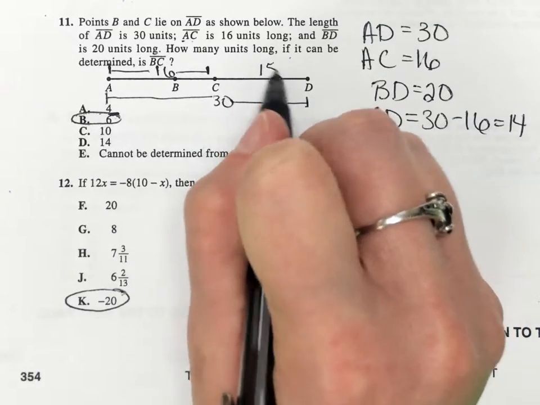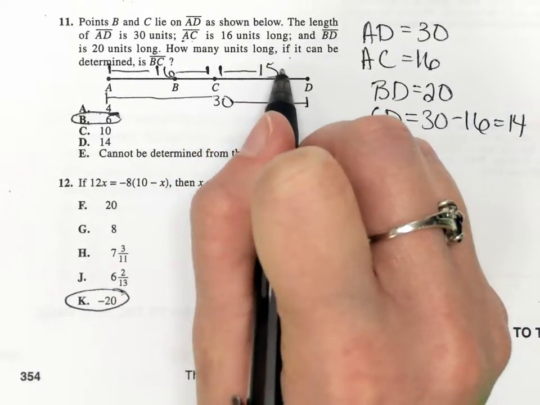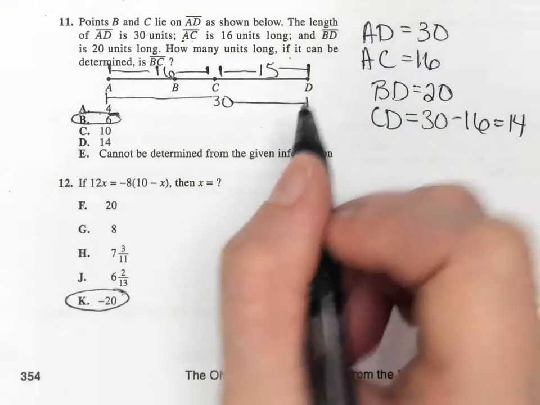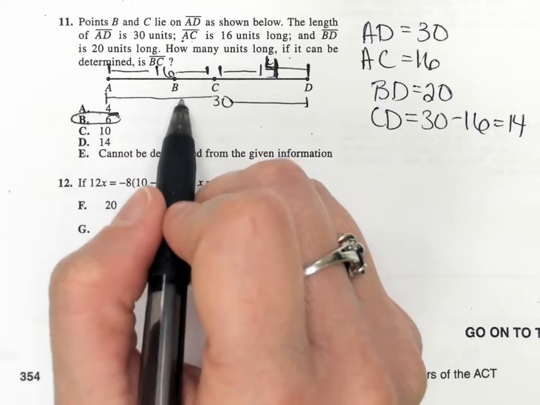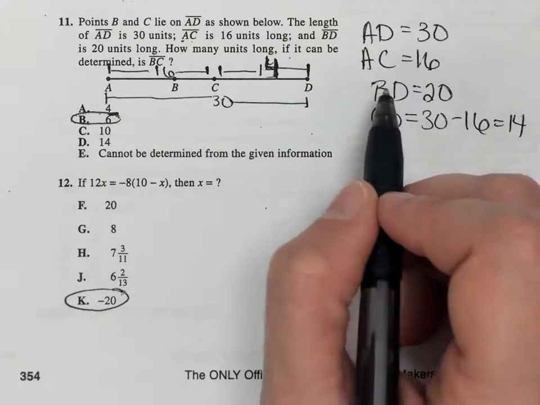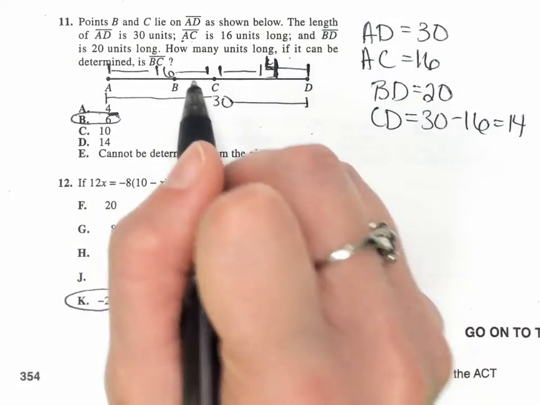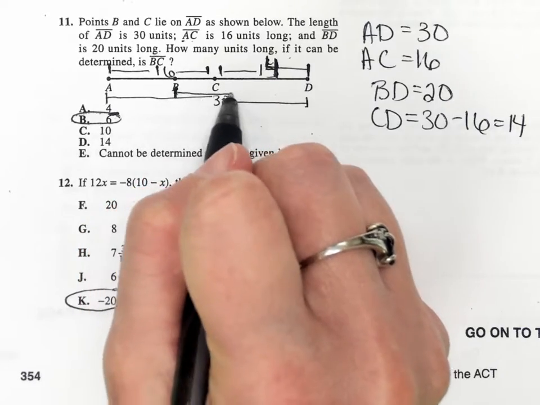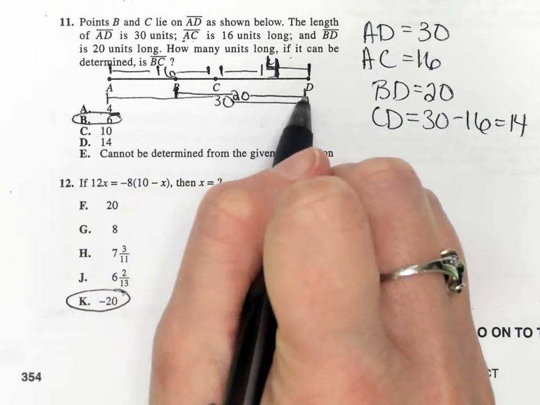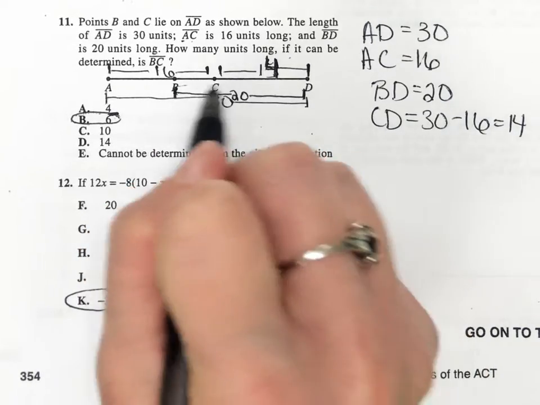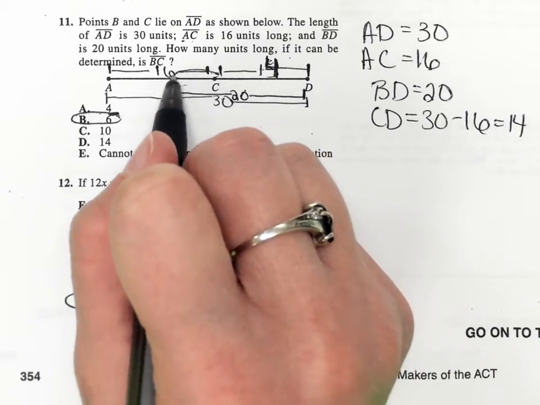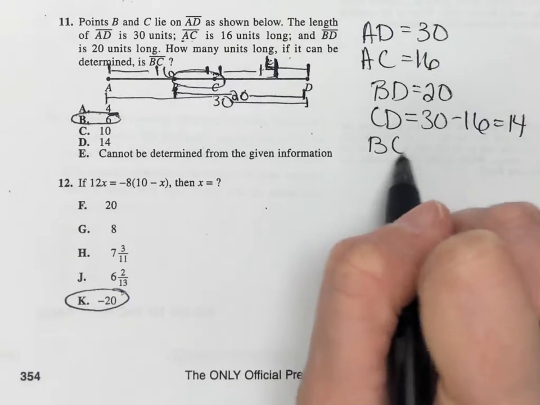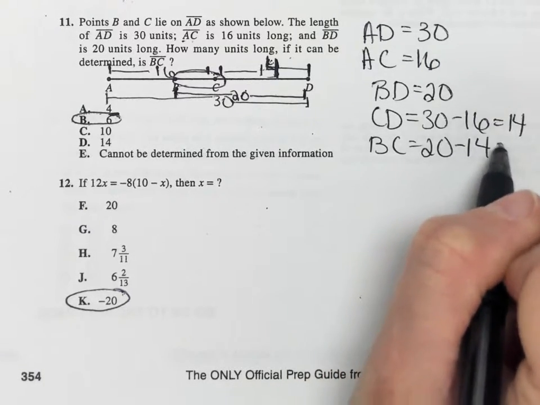So I know this piece is 14. All right, so what else do we know? They told us that BD was 20. So since I know this whole piece is 20, now that I know this is 14, what can I do to these two pieces to get this? Subtract. So BC is 20 minus 14, which is 6.